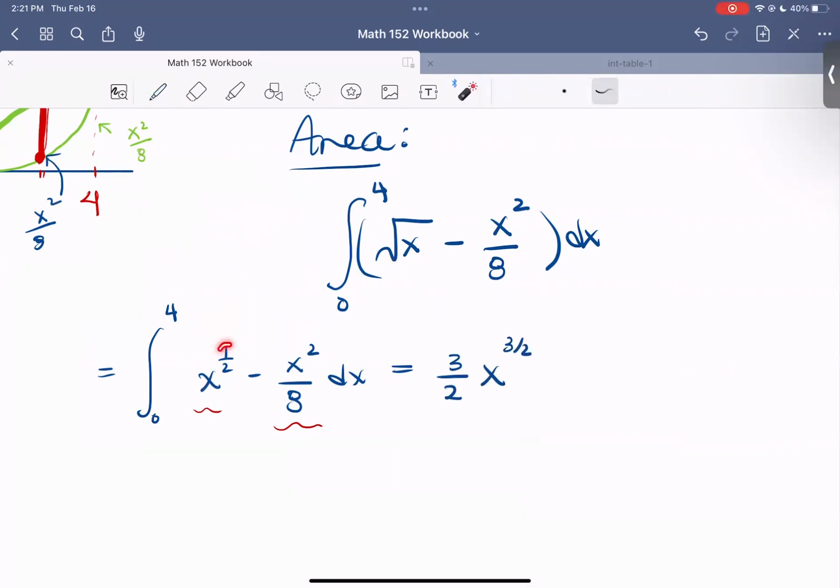Add 1 to the exponent, and then divide by the new exponent, or multiply by the reciprocal of the new exponent. Then we're going to subtract. We're still going to have that 1/8 hanging out, but now the x squared becomes x cubed over 3. So now we're going to evaluate all of this at 0 and 4.